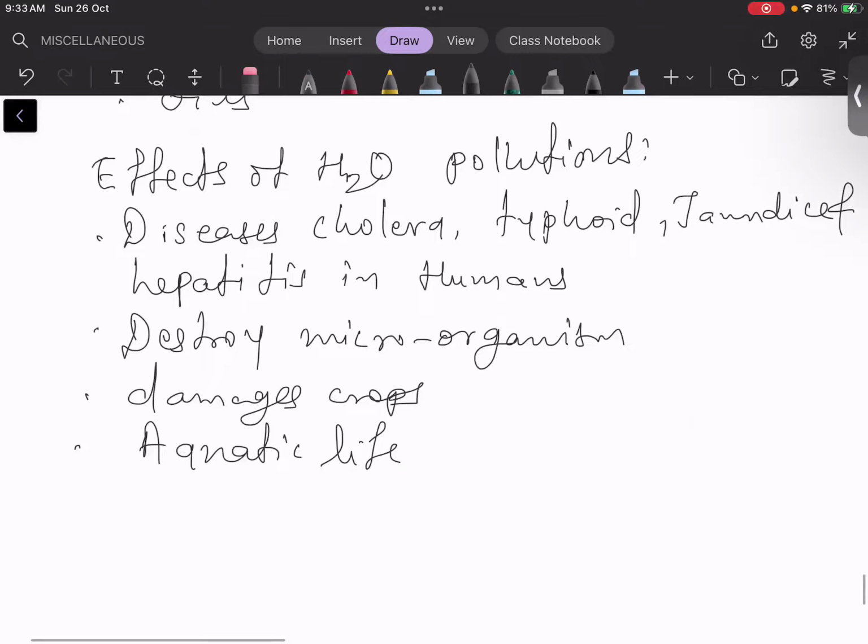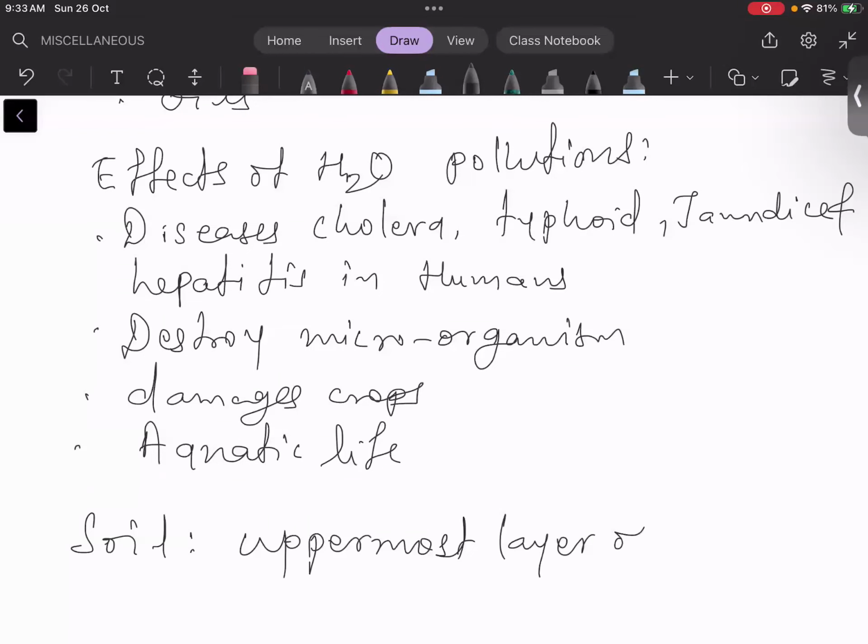The next part is soil. Now, what is soil? Uppermost layer of land, that is called what? Soil.